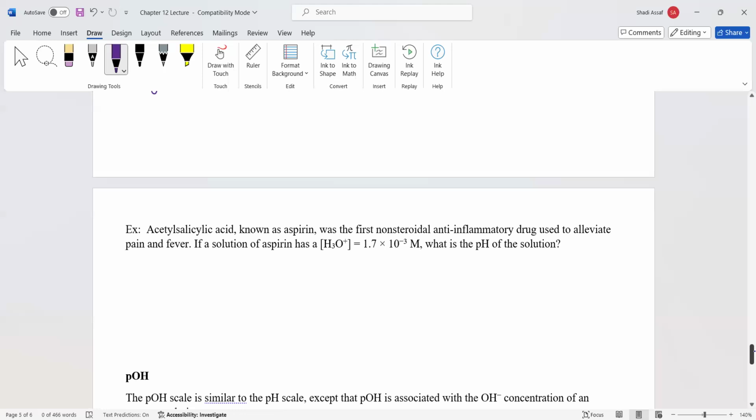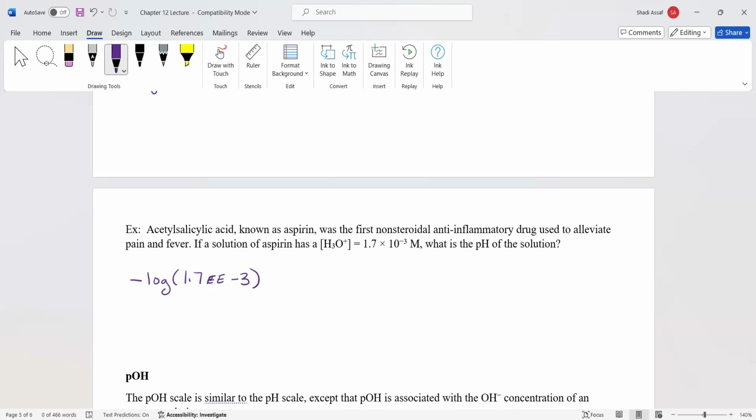Okay, so what we need to do is we take the negative log. So in your calculator right now, hit negative log and then enter 1.7, and again, if you have the key EE, negative 3.